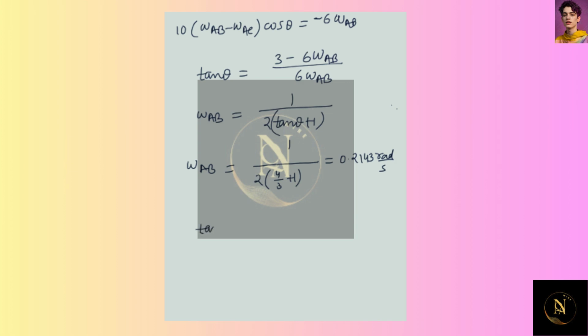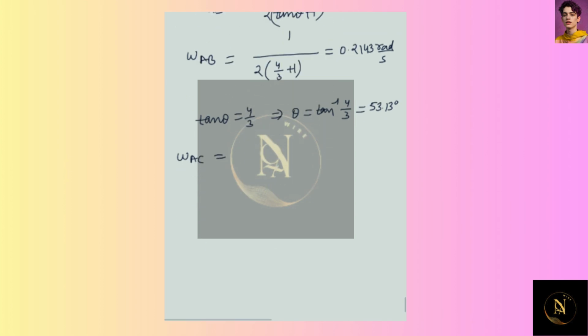Okay, now we can calculate angle theta, and as tan theta equals 4 by 3, theta equals tan inverse of 4 by 3, that is 53.13 degree. Okay, so omega_AC can be calculated as omega_AB times (6 plus 10 cos theta) divided by 10 cos theta.